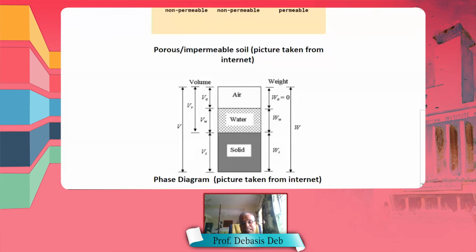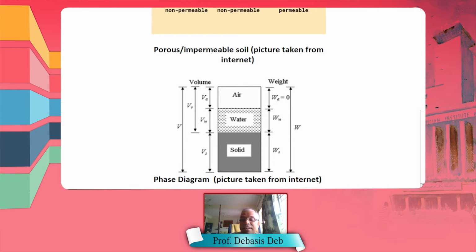So if you see a piece or a sample of soil, it will have these three spaces. One is solid, which is the grain. Another space will be taken by the water, that is the pore space, taken by water. And some other part of that pore space, which will not be filled with water, will be air.